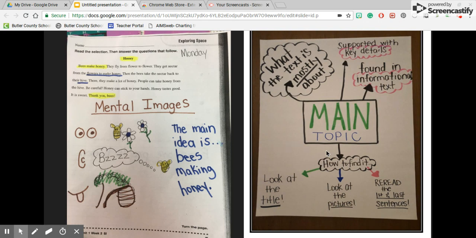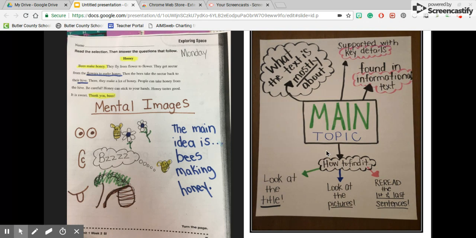So then we stopped and we went back to our anchor chart. And again, we looked at the title, and the title was Honey. Then we were looking at our pictures. So we saw bees and flowers, and they're flying, and a hive hanging from a tree with honey in it.